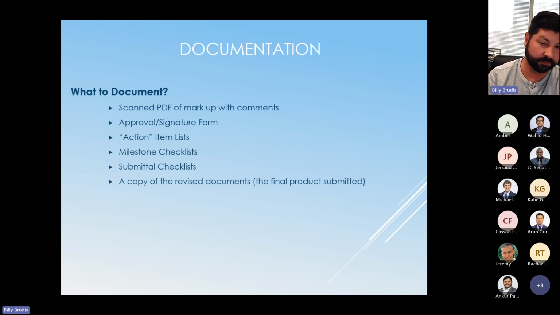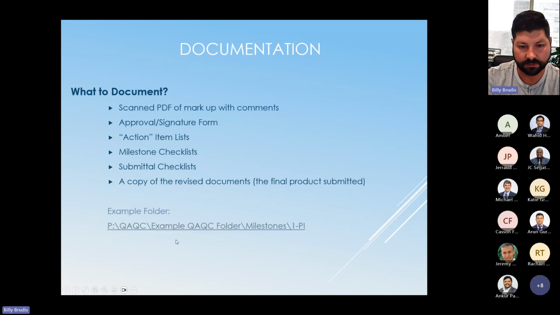That should be included there as well, so that we have a side-by-side comparison. So that's what we want to document, these bullets here. There's an example folder, again, in the P drive QAQC. I encourage you all to browse that folder to get up to speed on various things, but there's an example of what we want to see documented.